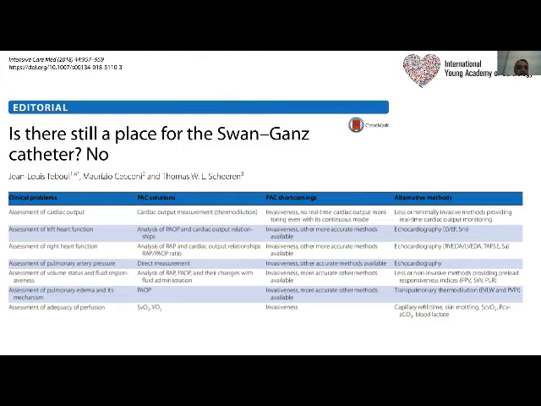Interestingly, in the same journal, in the same year, and published on the same date, with the same title, is there still a place for the Swan-Ganz? The answer was no. And this is a very nice table.